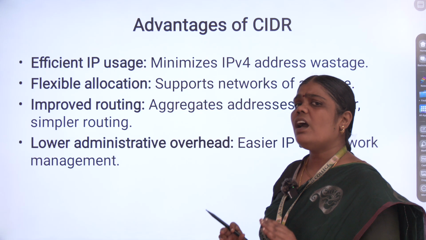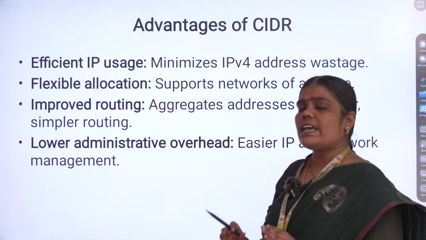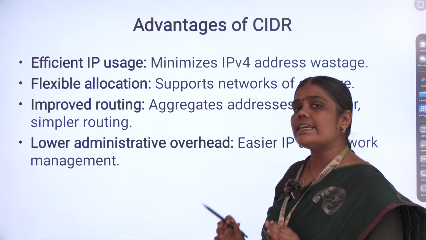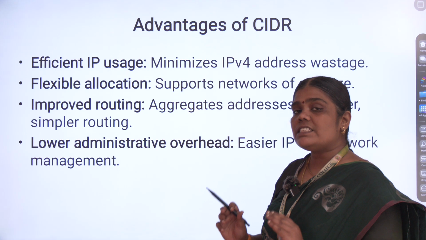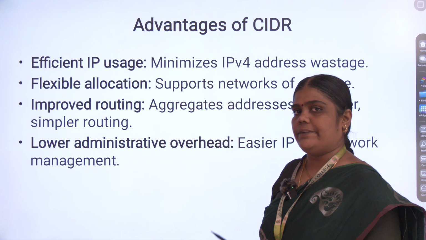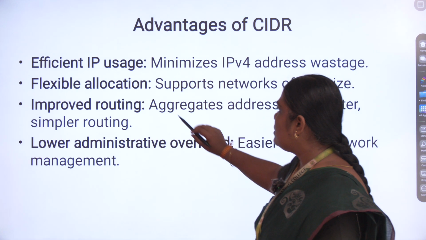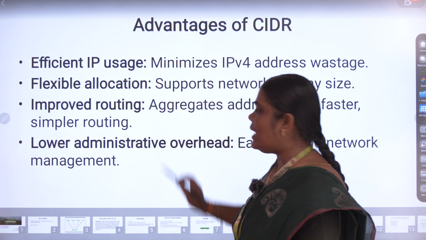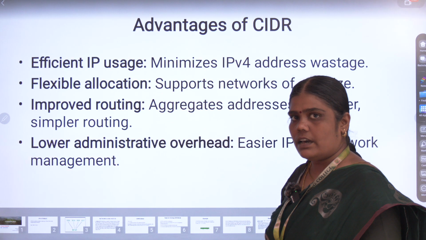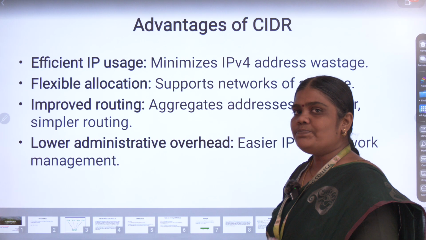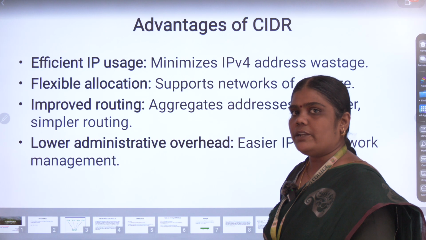So the number of devices is not considered; IP addresses are allocated blindly in classful addressing. In classless addressing, it is flexibly allocated based upon the number of devices connected to one network. So efficient IP usage and flexible allocation. Based on our necessity, we can allocate IP addresses to that particular network.